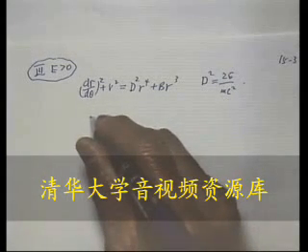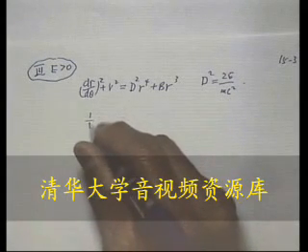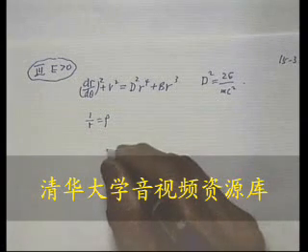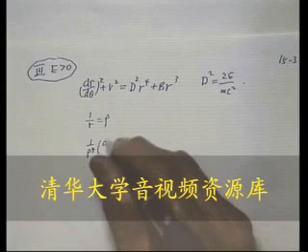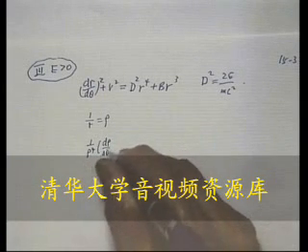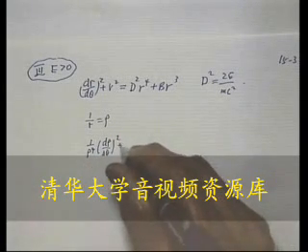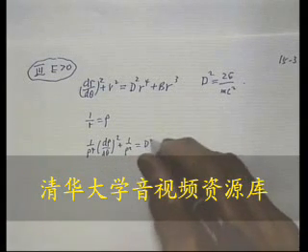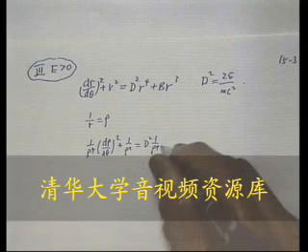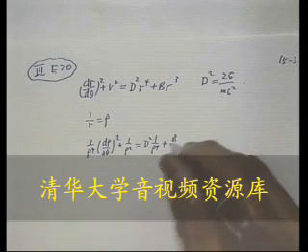Again, we put 1 over r is equal to rho, and we get 1 over rho fourth times d rho d theta squared plus 1 over rho squared is equal to d squared 1 over rho fourth plus b rho third.